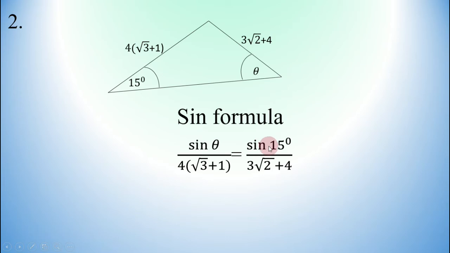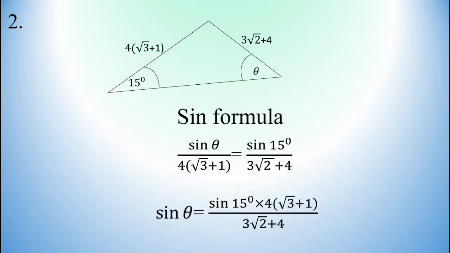For theta, the opposite side is 4 root 3 plus 1. Then the sine formula can be written as sine theta upon 4 root 3 plus 1 is equal to sine 15 upon 3 root 2 plus 4. Now make sine theta the subject. Taking cross multiplication, sine theta is sine 15 into (4 root 3 plus 1) upon (3 root 2 plus 4).